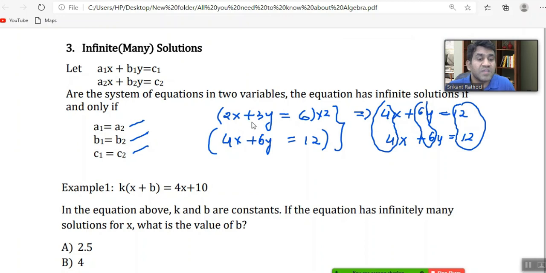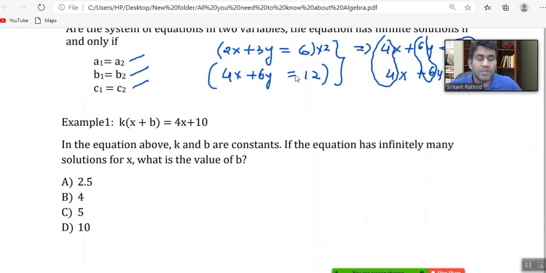If I'm talking in terms of a graph, it means two lines which are overlapping on the xy plane. So those two lines have the same values of x and y whichever point you consider. So let's say on the xy plane, line 1 is something like this, line 2 is also overlapping on it, it means it's touching it.